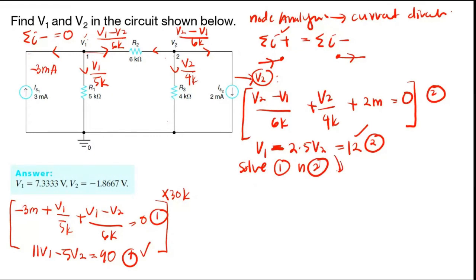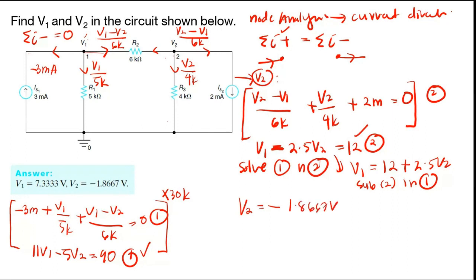Because from equation 2 you can put it as V1 equal to 12 plus 2.5 V2, and then you can substitute equation 2 into equation 1 here, so then you can get the value for V2. When you do that, you get V2 equal to negative 1.8667 volts, and then your V1 is equal to 7.333 volts, right?